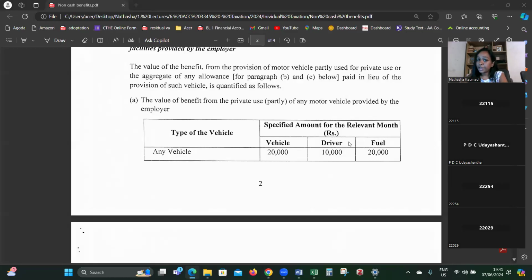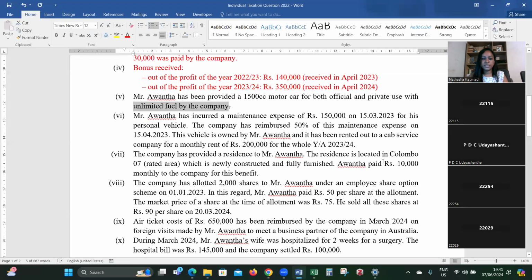If a driver is also given, you have to add another 10,000. If unlimited fuel is given by the company, then you need to take an additional 20,000. So in this question, you have the vehicle plus unlimited fuel. That means 20,000 plus 20,000, altogether 40,000 per month, right? That is how you take it using the table.